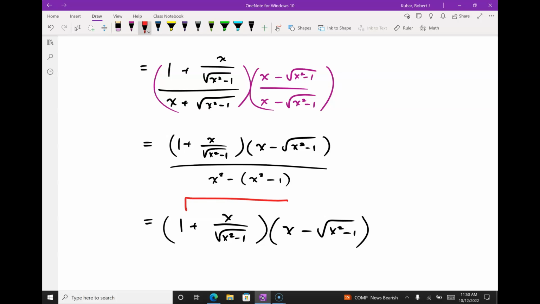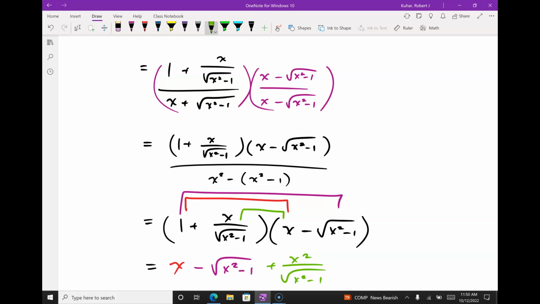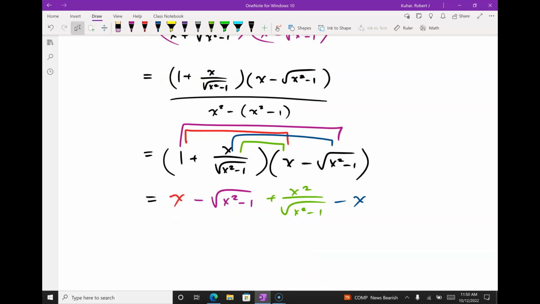So I'm going to FOIL. So I get something now that can finally do my LCD.